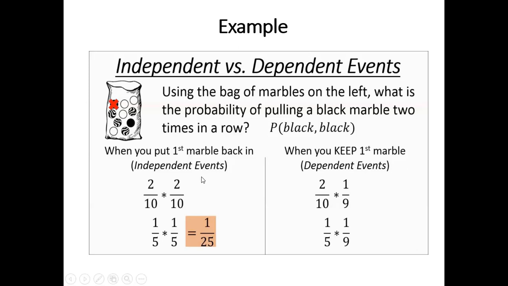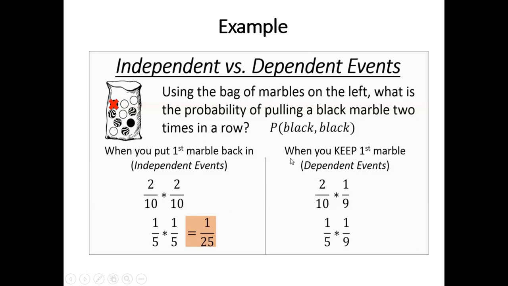The probability of pulling a black would be 2 over 10, and then we put it back, so the probability of pulling a black the second time is also 2 over 10. So in this case, we get a final probability of 1 over 25. Notice when you put the marble back, you get the product of the 2 probabilities.